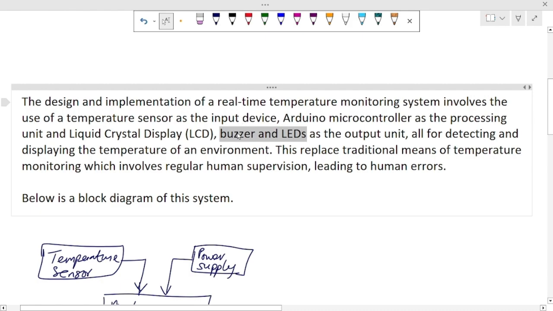In that way, even if you're not looking at the screen, you will know the temperature is that high, and you can take measures to adjust things and make them the way you want, or take certain actions.